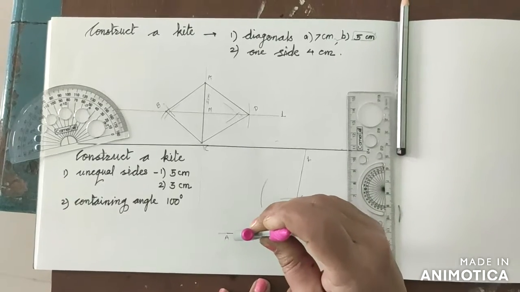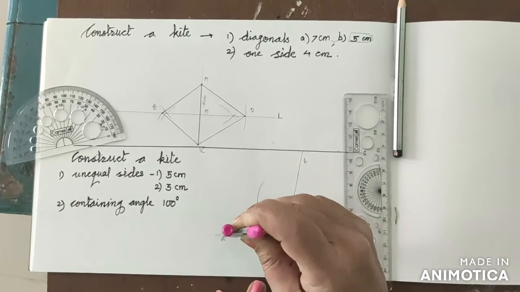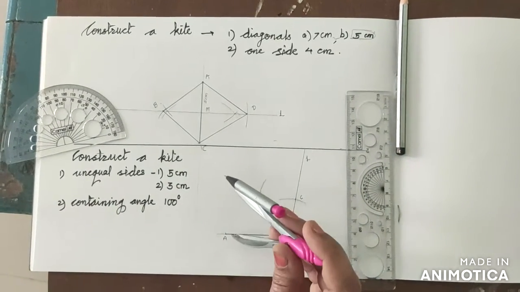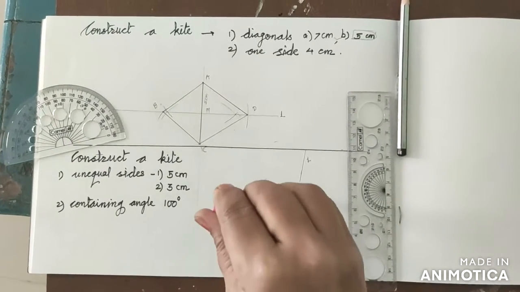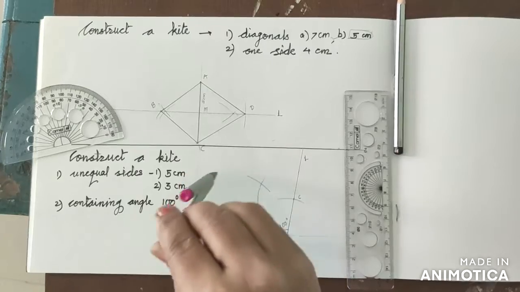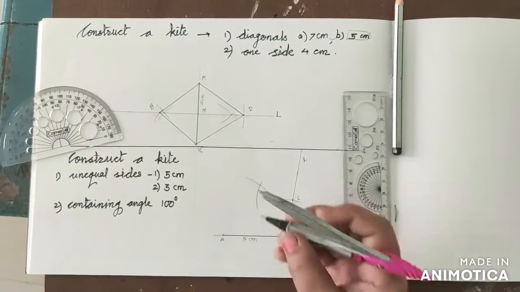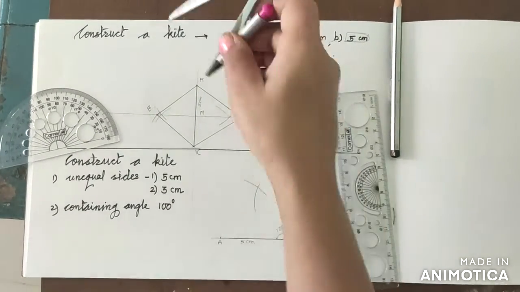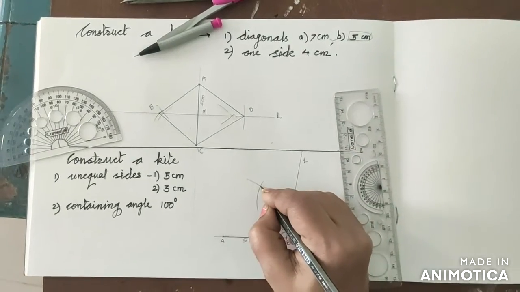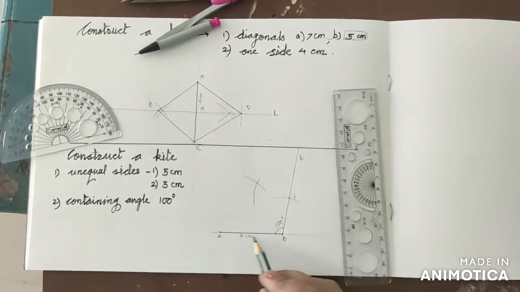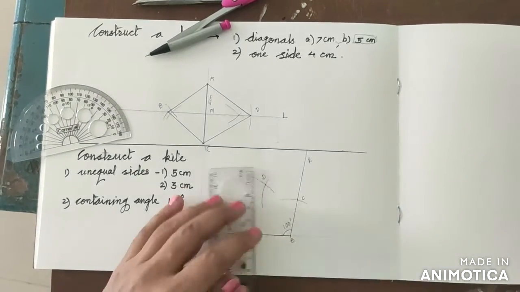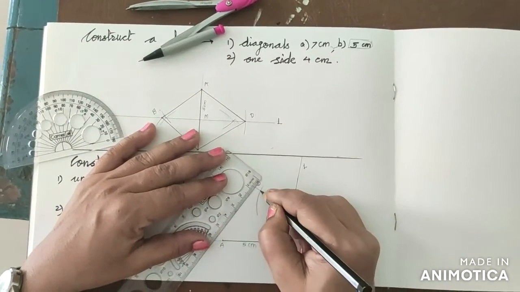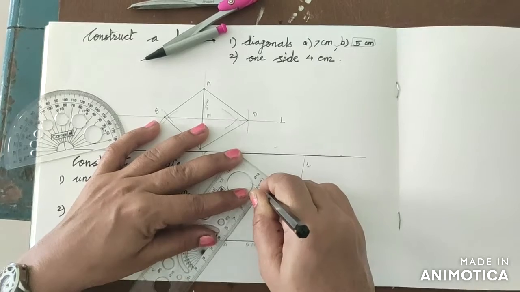This much line is 5 centimeter, so no need to check on our scale. Simply placing the pointer at A, cross that arc. In this way we get one more point. Understand? So place that point, and A, B, C and D sequentially we get all the points. Simply joining them, our construction is over.